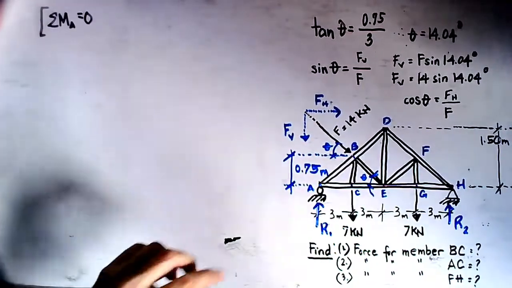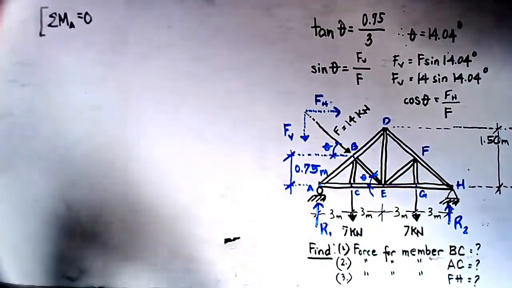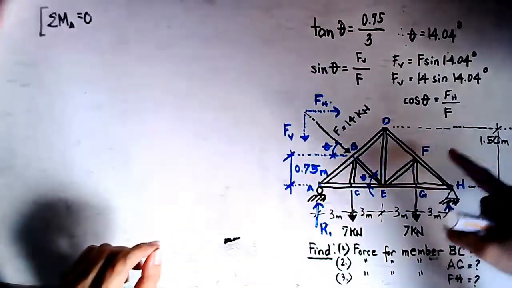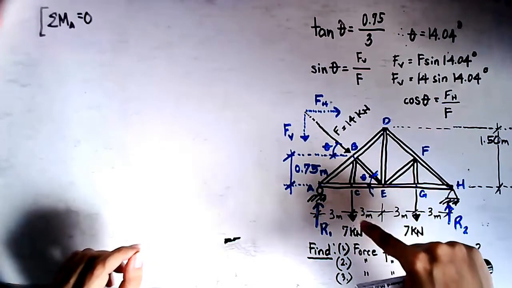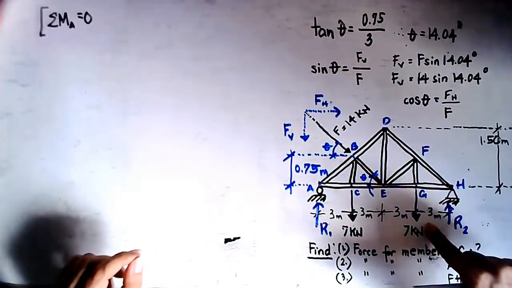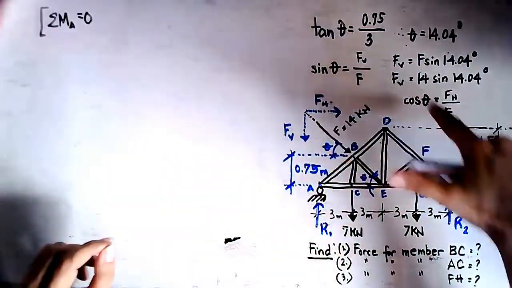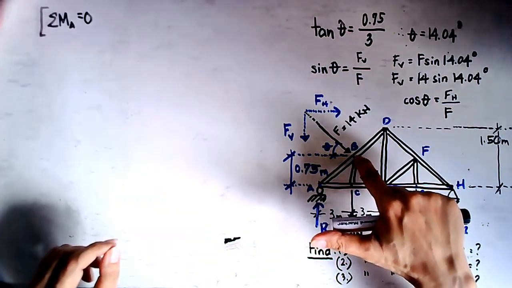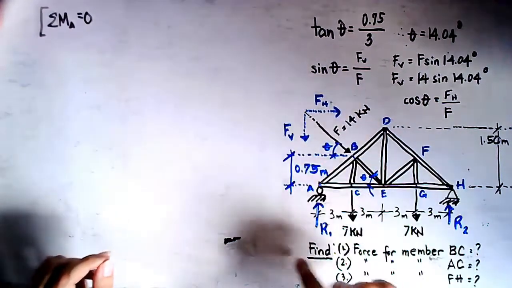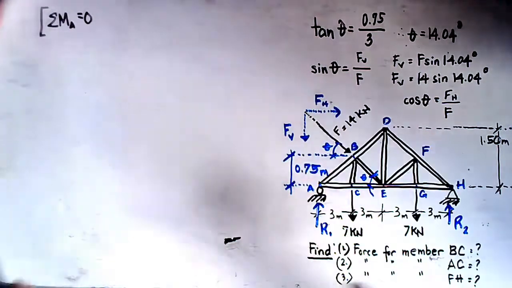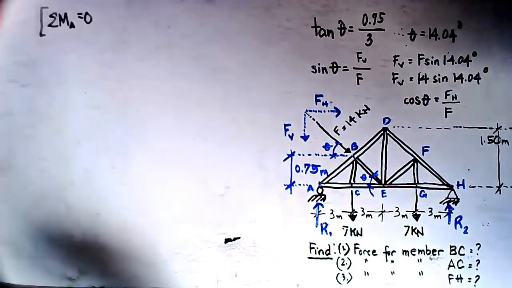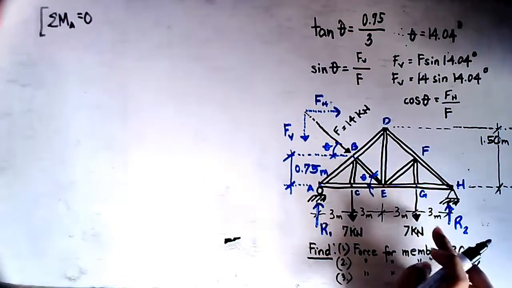So let us try taking moment at point A. R sub 2 is going in the counterclockwise direction, while all the other forces are clockwise: the 7 kilonewton is clockwise, another 7 kilonewton is also clockwise, and then of course you have the force F with its horizontal and vertical components, which is also going in the clockwise direction.